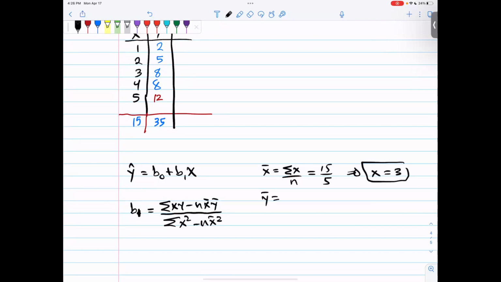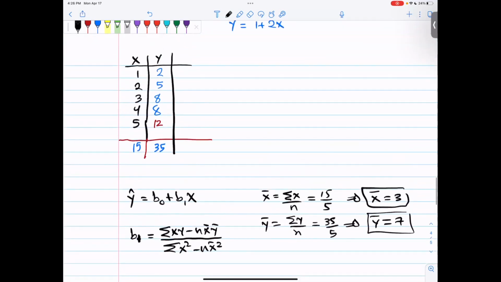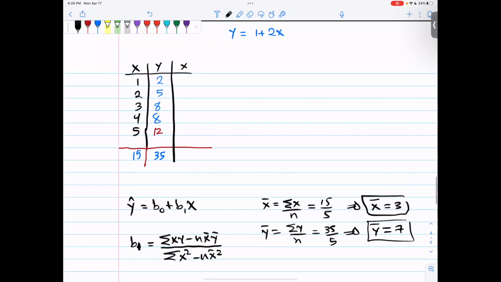And then y bar equals summation y divided by n, equal to 35 divided by 5, then y bar equals 7, right? And then we need x square and xy. So x square: 1, 4, 9, 16, 25, and the total, I believe, 55.